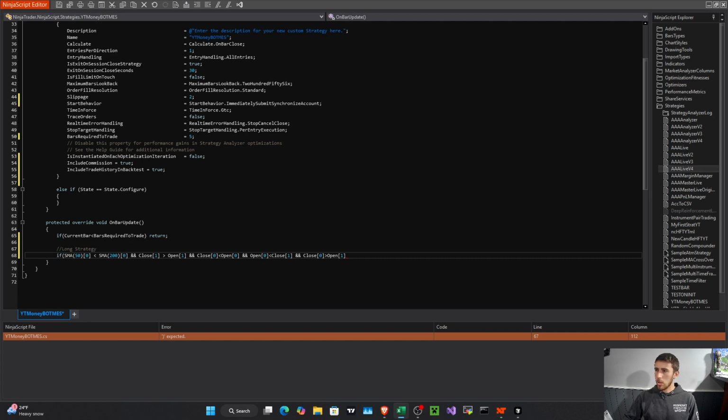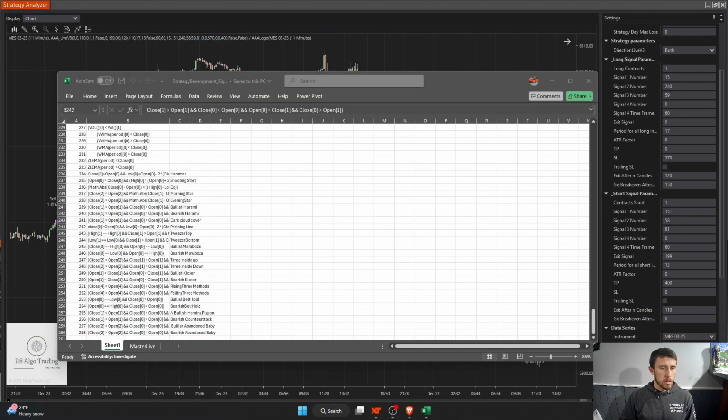Just want to double check that I typed that in correct. Yeah, that looks right. And then we're going to put parentheses around that whole section because that's all one signal.